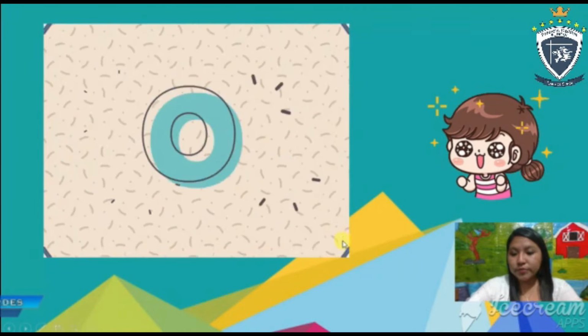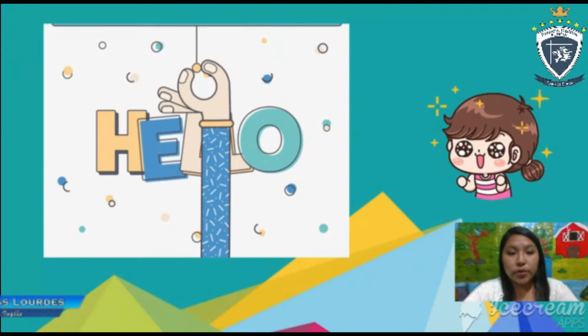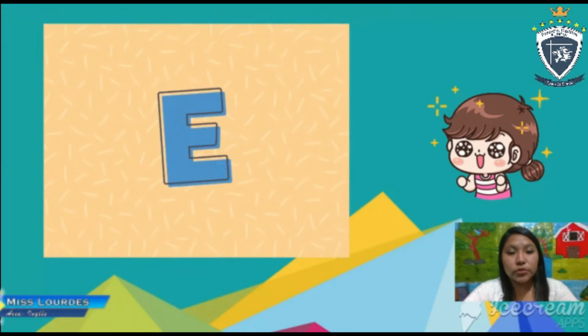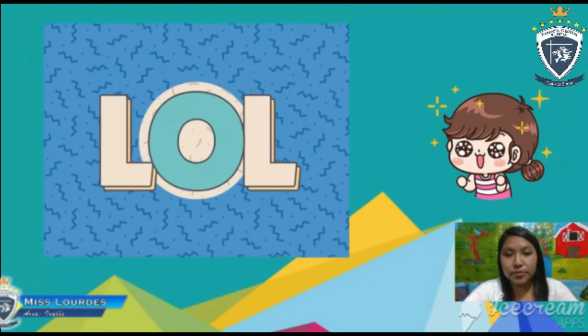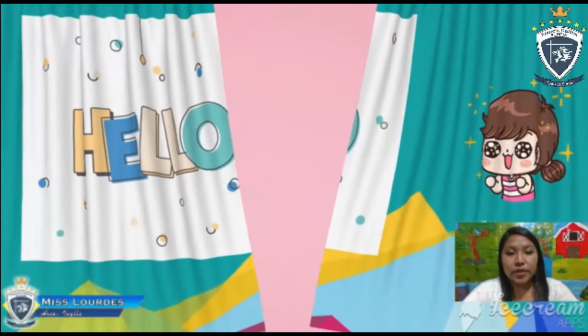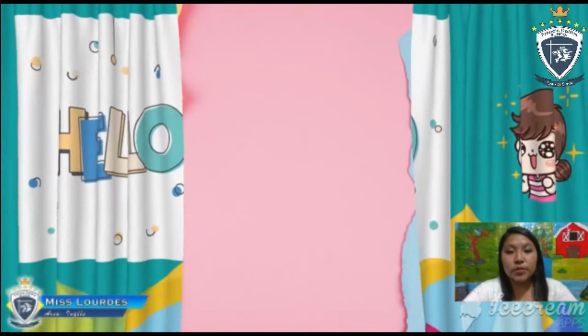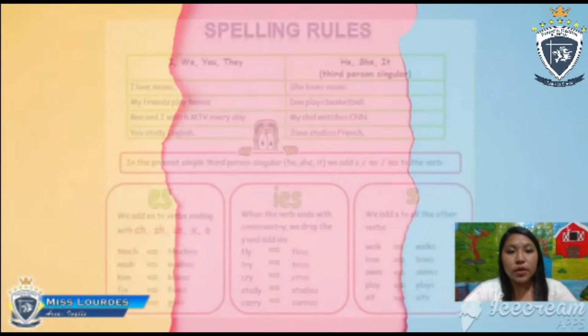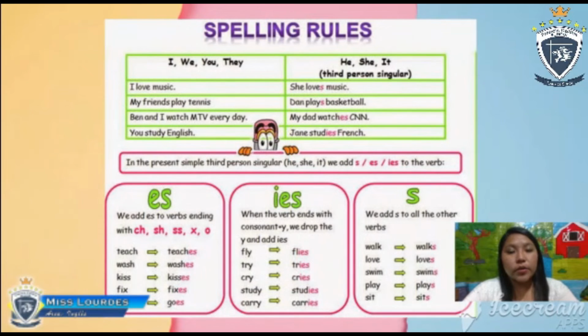Hello everyone. Today we are going to continue talking about the present simple. For that we are going to start remembering what we did. We were talking about the present simple. We have some spelling rules when we talk in the affirmative form.